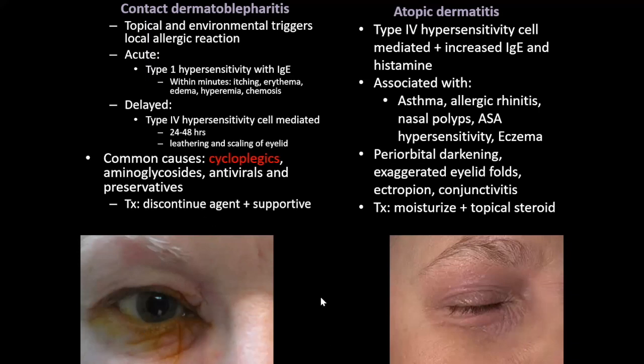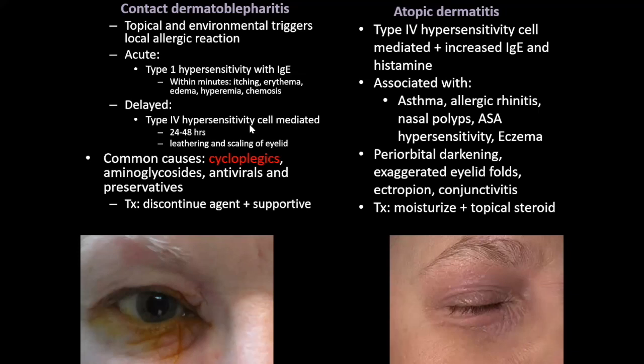Then we have atopy, the variant that takes the form of atopic dermatitis. That one is underpinned by a type 4 hypersensitivity, a cell-mediated hypersensitivity reaction.